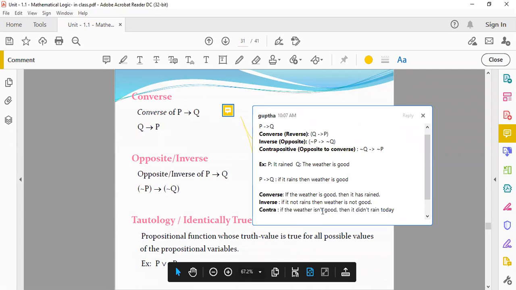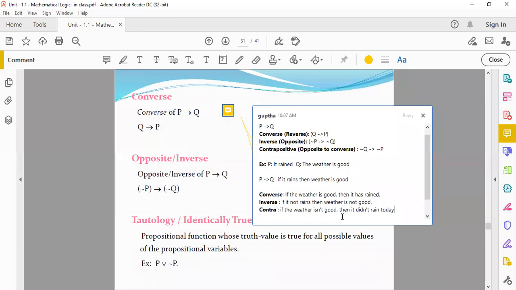If the weather is not good, then it did not rain today. Very good. If is mandatory, otherwise it is equivalent.